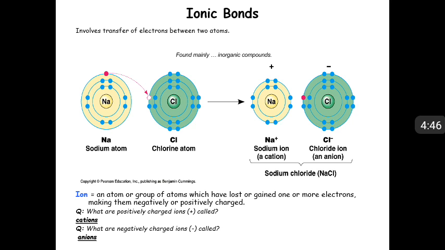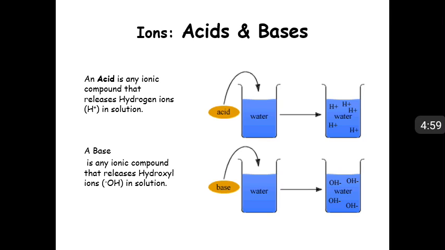Now, what are the positively charged ions called? These are cations. And what are the negatively charged ions called? These are anions.